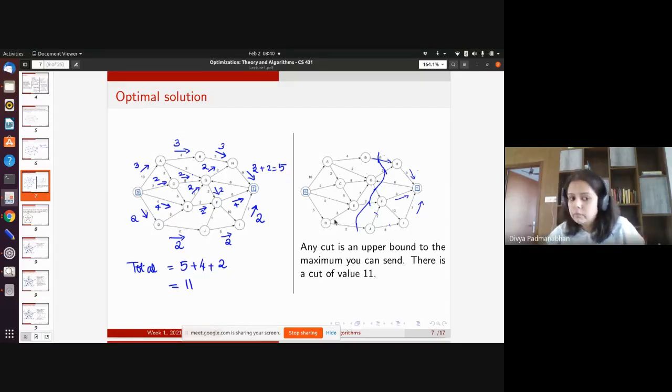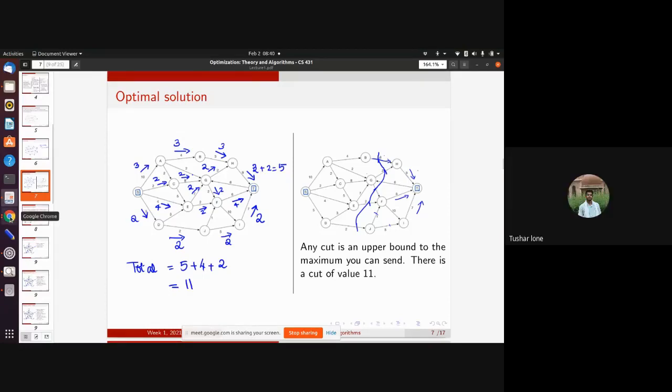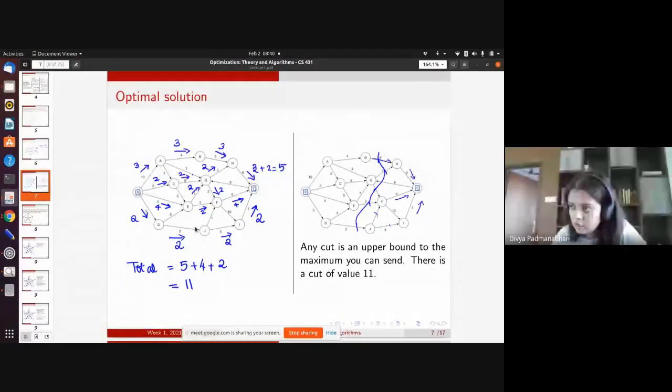Ma'am, to find the optimal solution for this flow network, we need to find every possible cut and then find the maximum? If you're looking at it in terms of cut, first thing you would do is find every cut and choose the least one.